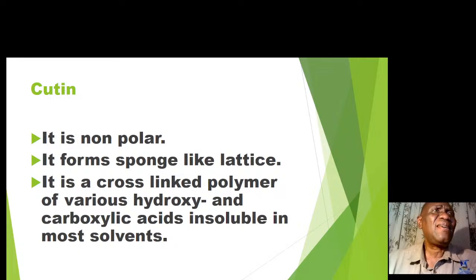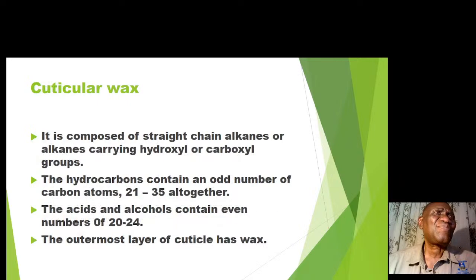So what is the cuticle? It may consist of cutin, which is nonpolar. It forms a sponge-like lattice. It is a cross-linked polymer of various hydroxy and carboxylic acids, which are insoluble in most solvents. Then the cuticular wax.